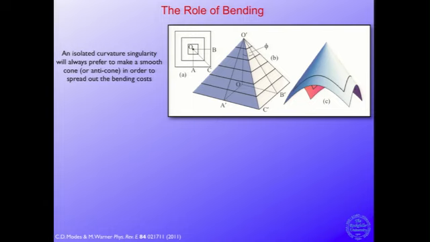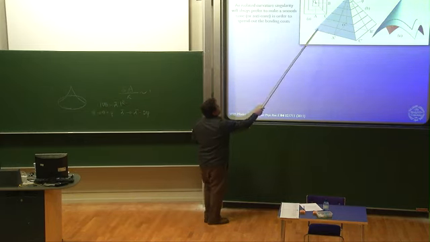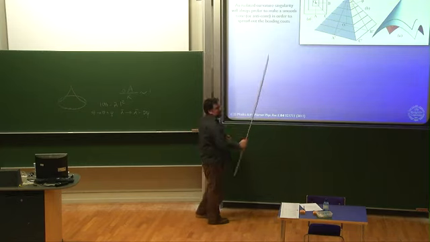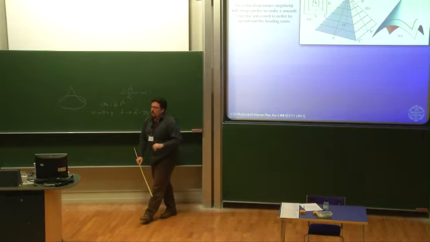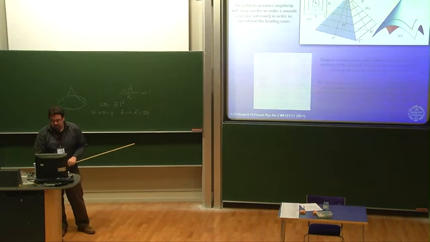And so in any system where you have a bending cost, this texture just gives a regular old smooth cone, with a different amount of Gaussian curvature at the tip than you would have thought if it were sets of concentric circles, but a smooth cone nonetheless.